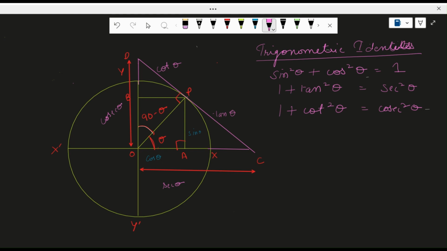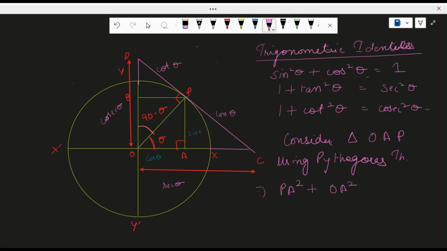Here in the diagram you can see sine square theta, right? Now consider triangle OAP by using Pythagoras theorem. We have OA square plus PA square, that is perpendicular square, plus base, that is OA square, is equal to our hypotenuse, that is OP square.